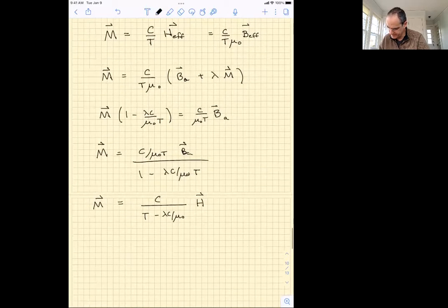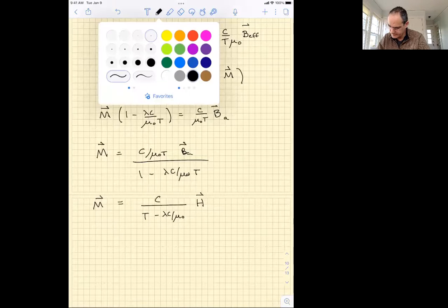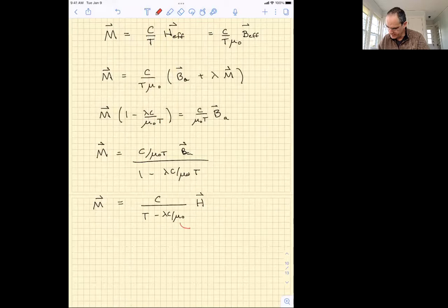And finally, let's make a definition. Let's define this term here, lambda C over mu naught, which clearly has units of temperature, as Tc, or the Curie temperature.